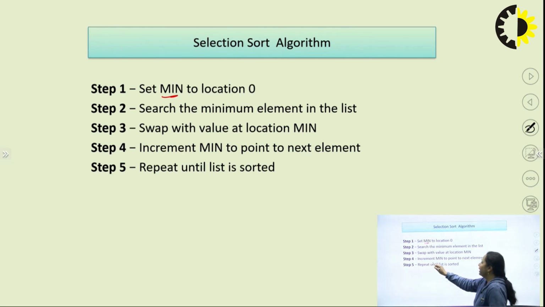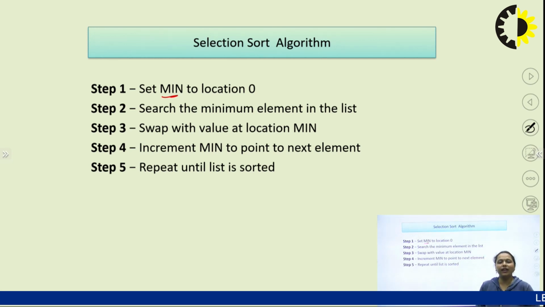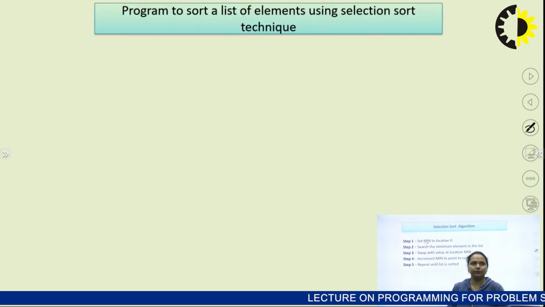After that, increment minimum to point to the next element. The next position will be considered as the minimum, and again the process is repeated. In this way we keep finding the minimum element, and at last we receive an array which is in sorted order.